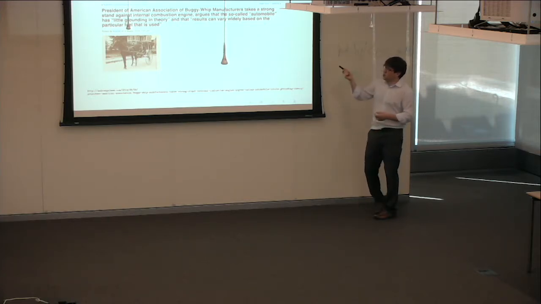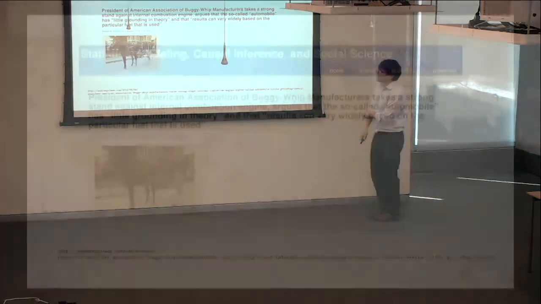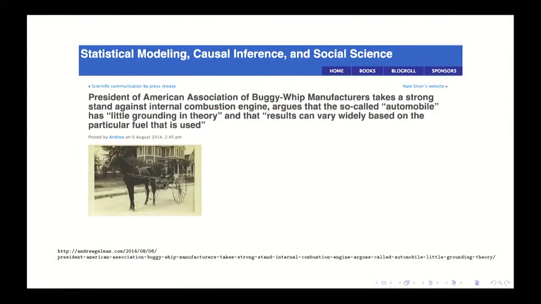And Andrew Gelman, who is one of the authors of this paper, and some of you may read his blog, posted this: the president of the American Association of Buggy Whip Manufacturers takes a strong stand against the internal combustion engine, argues that the so-called automobile has little grounding in theory, and that results can vary widely based on the particular fuel that is used. So this is exactly what I was saying, right? It's not a strong theoretical basis, it depends a lot on a case-by-case basis. You can read this blog post for more about this. For some reason, this is a very emotional topic for some people.